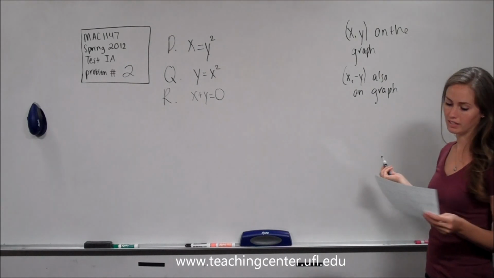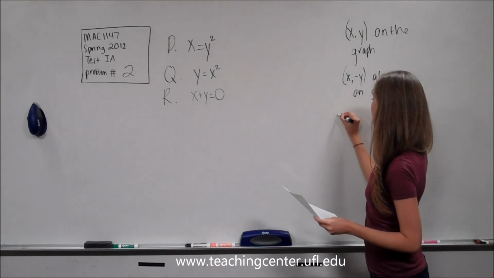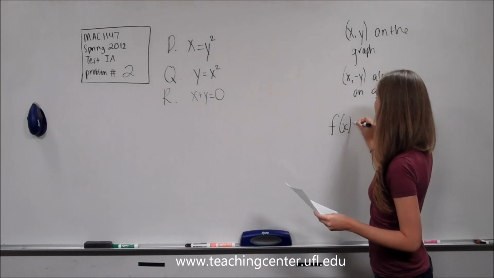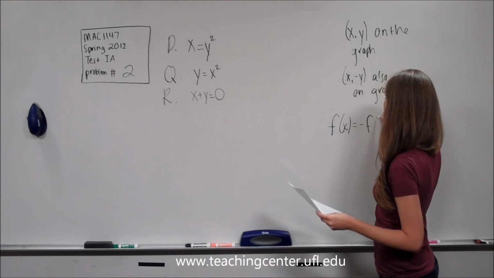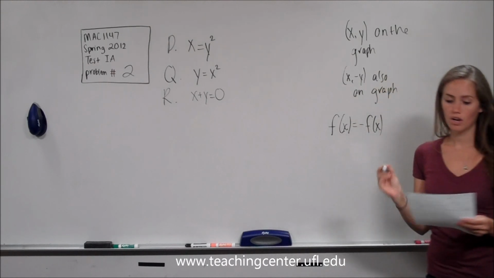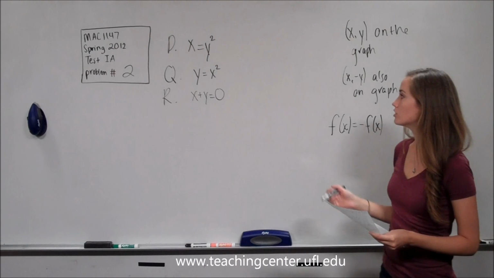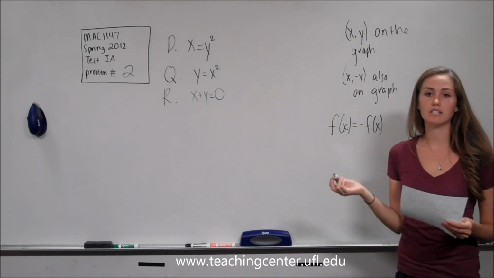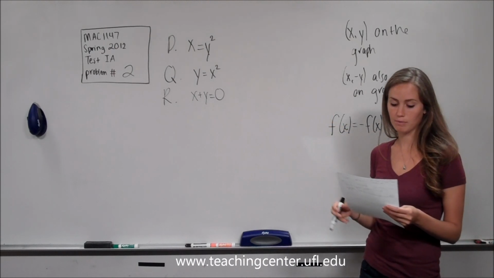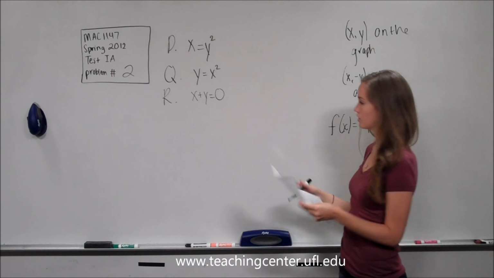Another way to put this is that the function should be equal to negative the function. So we can just graph every one of these and see which one does have symmetry with respect to the x-axis.